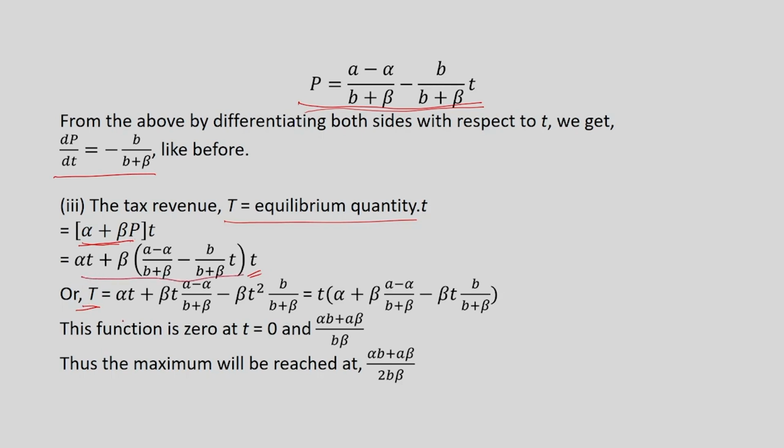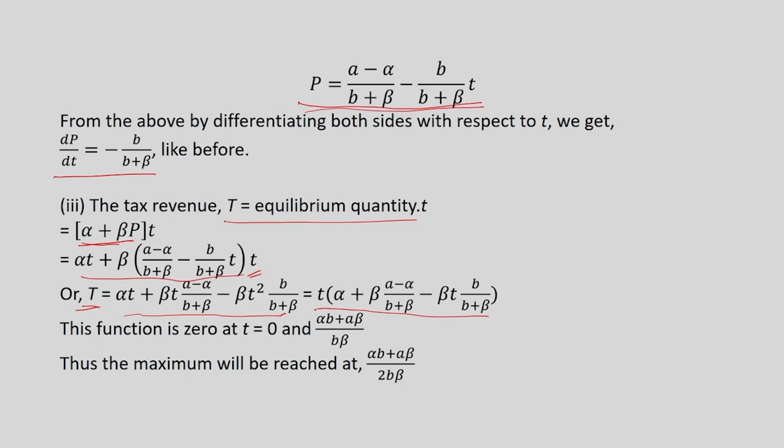Now, I have to simplify this expression a bit, and by removing the brackets I get T multiplied by alpha plus beta times A minus alpha divided by B plus beta, minus beta T multiplied by B divided by B plus beta.